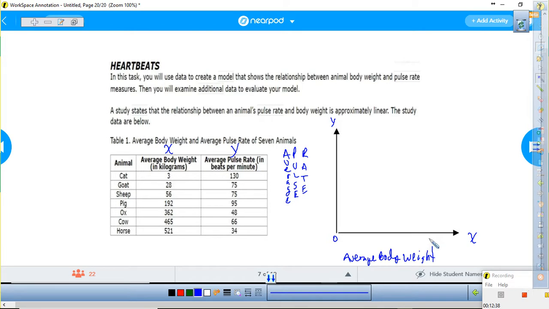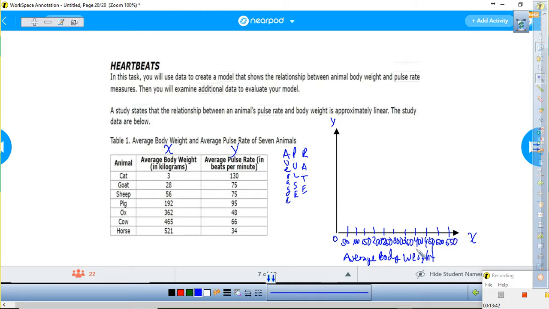What would be a logical scaling? By how many? Talk it over. Hands if you agree with 50. Yes, let's go 50. So then we go 50, 100, 150, 200, 250, 300, 350, 400, 450, 500, 550.